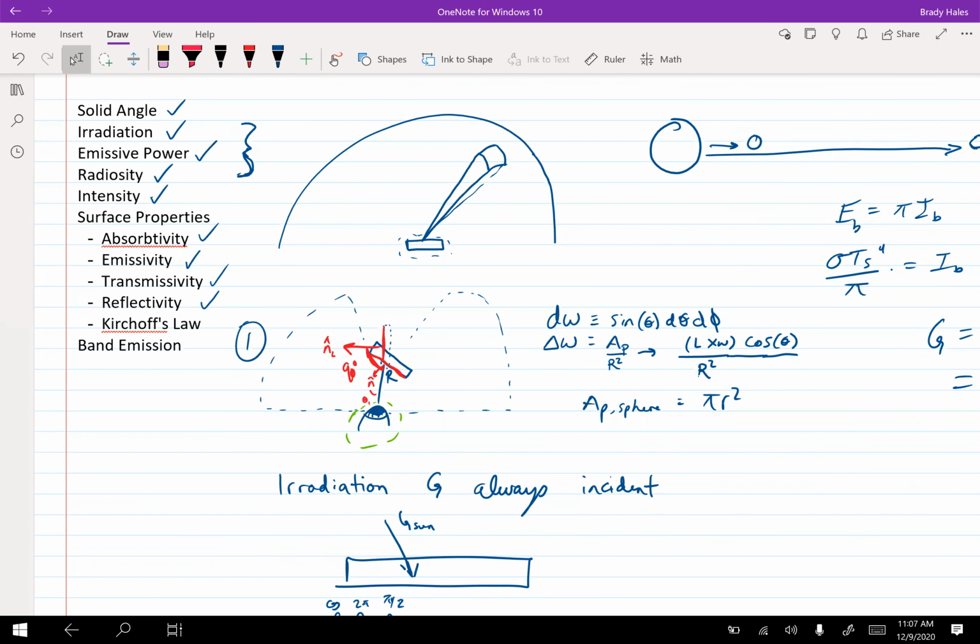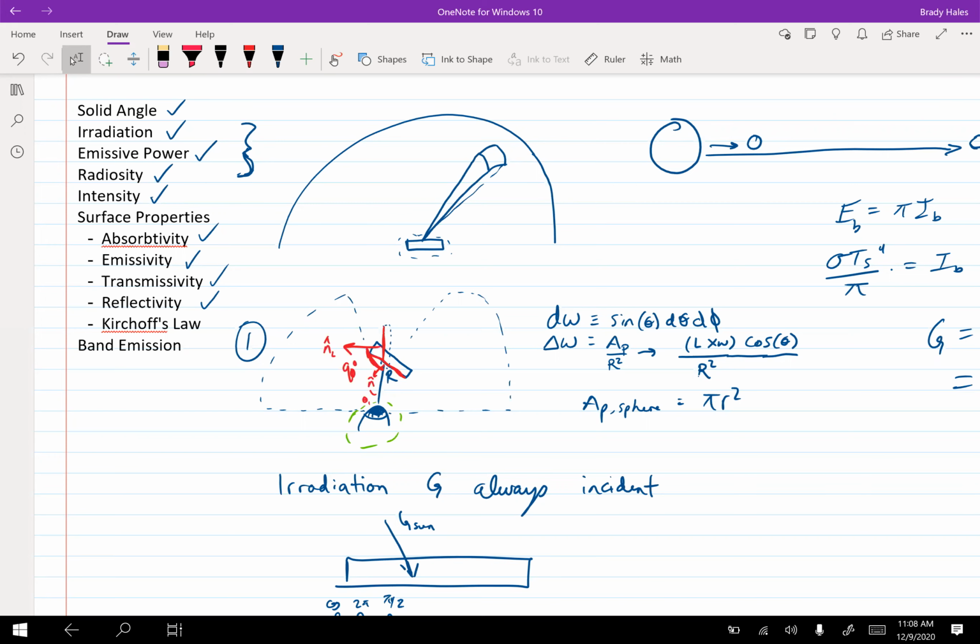Our surface properties, we have absorptivity, what's absorbed into the surface, emissivity, what the surface emits, transmissivity, is the surface opaque or not, and reflectivity, how much of it's reflected. Kirchhoff's law was the spectral directional absorptivity is equal to the spectral directional emissivity.